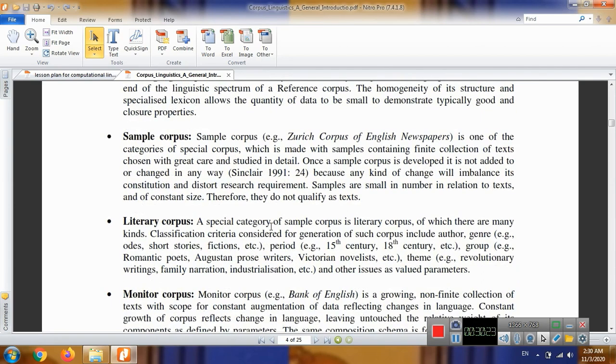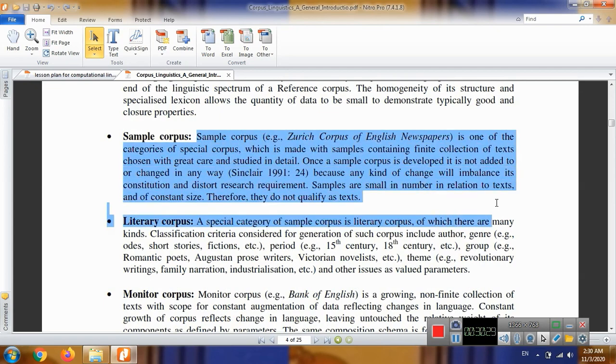Another one is the sample corpus. A sample corpus, like the Zurich corpus of English newspaper, is one of the categories of a special corpus, which is made with samples containing a finite collection of text, chosen with great care and studied in detail.